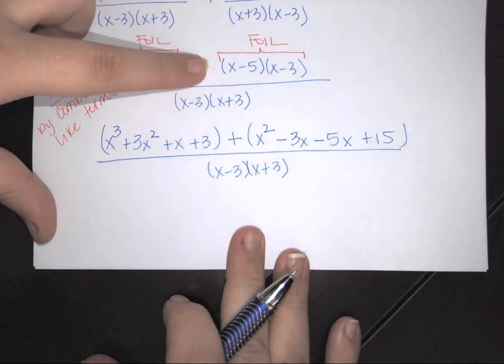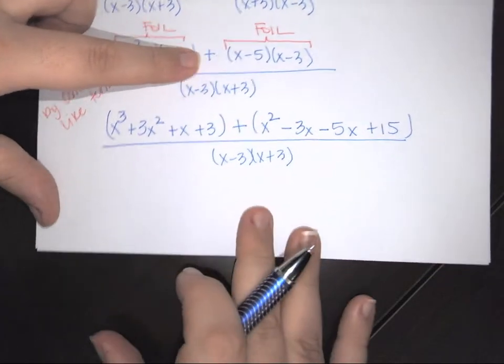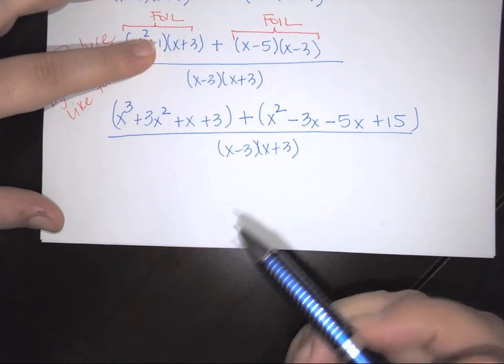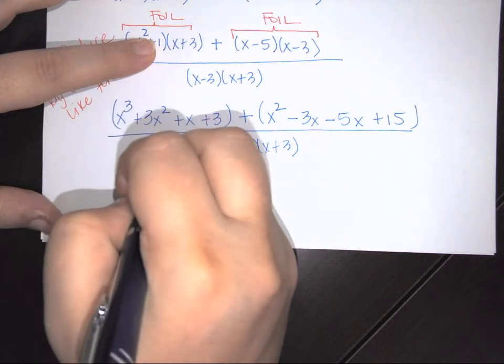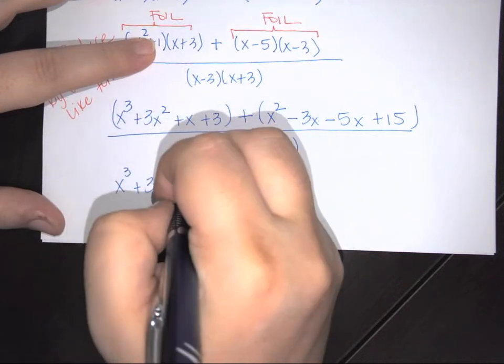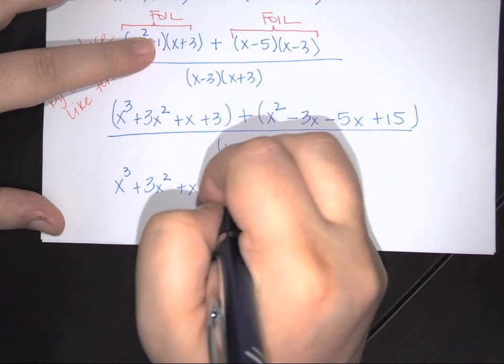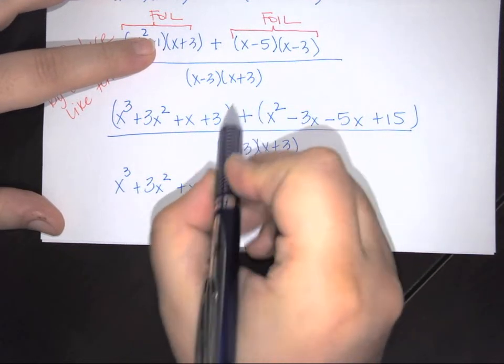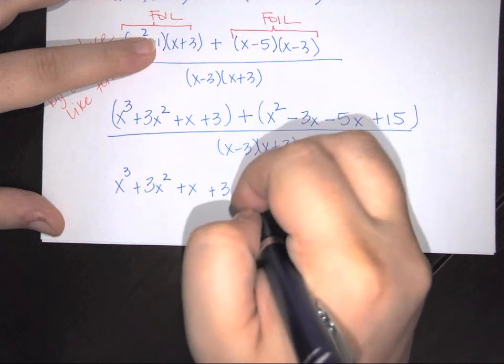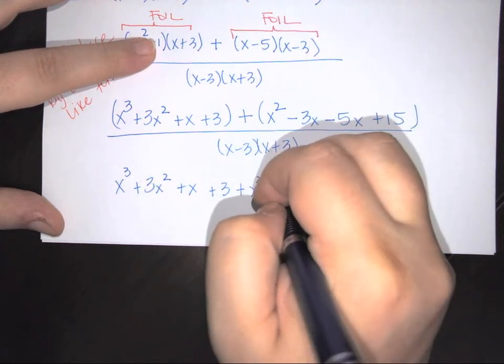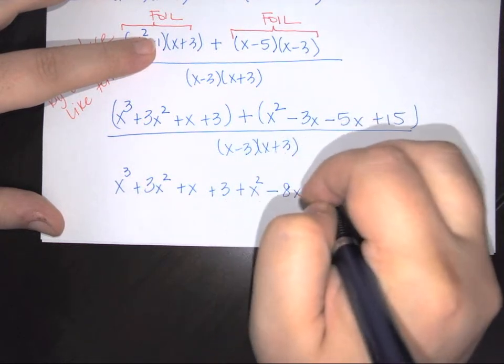I have to keep going. So now I have to be able to combine my terms. So I have x cubed plus 3x squared plus my x plus my 3. I would distribute my positive through so nothing's going to change. So this is going to be plus an x squared minus an 8x plus a 15.